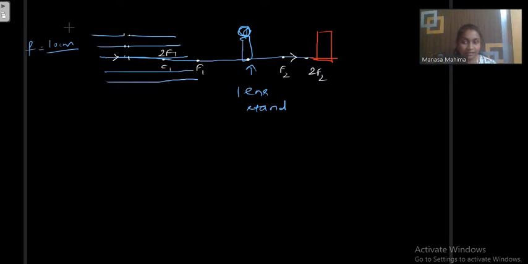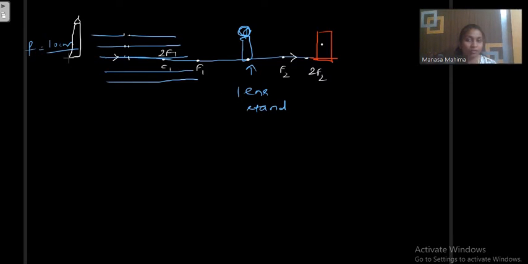If I take this source of light somewhere at the infinity point, then by moving this lens stand we have to get the image on the screen, and we have to note down the nature and the size of the image, whether it is showing a magnified or a diminished image.